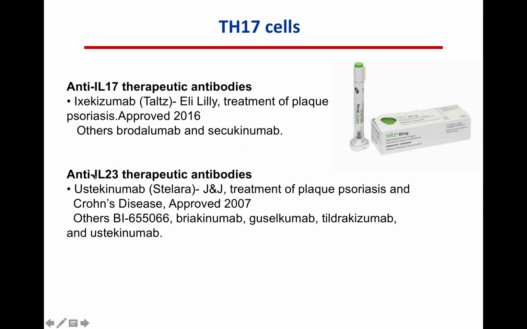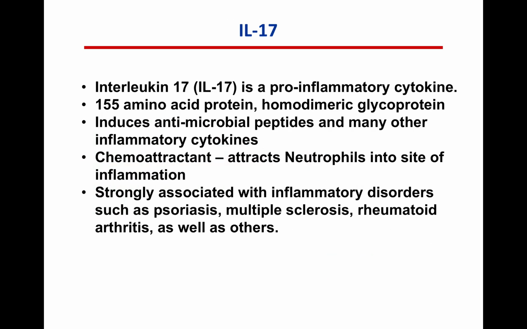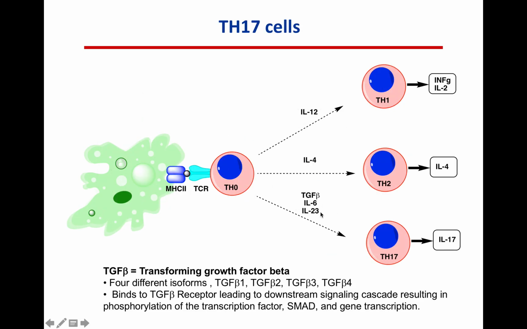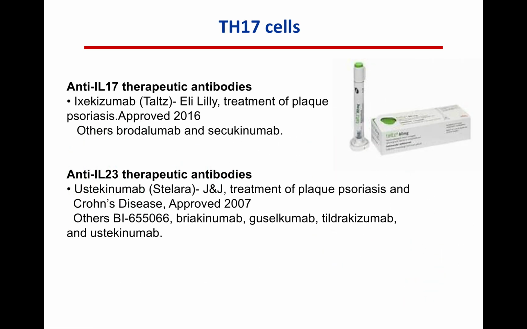There's also, remember, IL-23 is important for the production of the Th17 cells. Go back here. So if we were to block IL-23 here, then we would block the production of Th17 cells and therefore the production of IL-17. And so there's been an antibody, Stelara from J&J, which is for the treatment of plaque psoriasis and Crohn's disease. And this was approved in 2007.